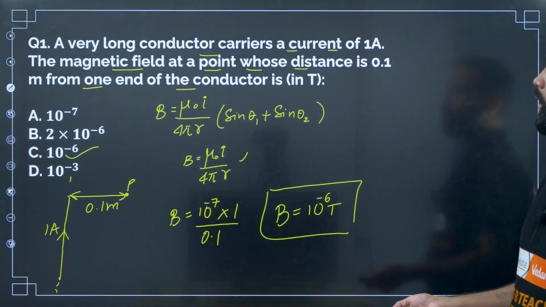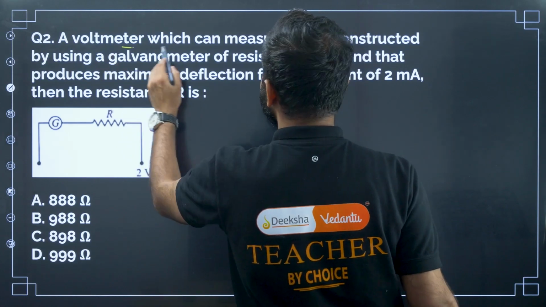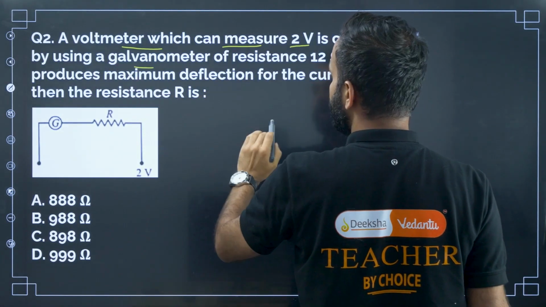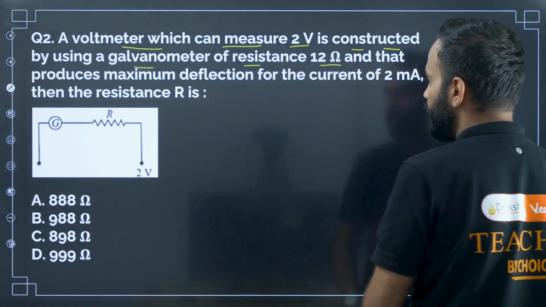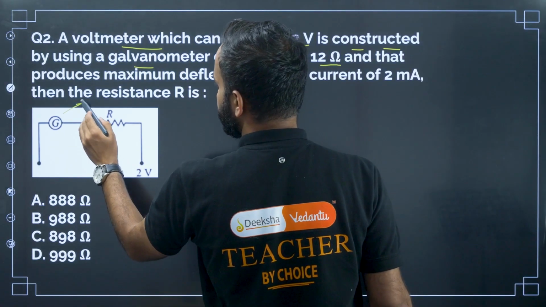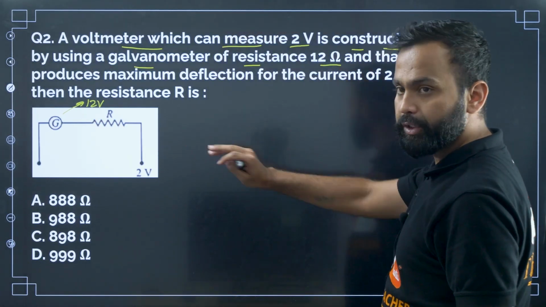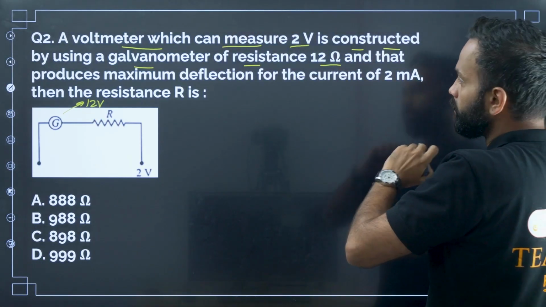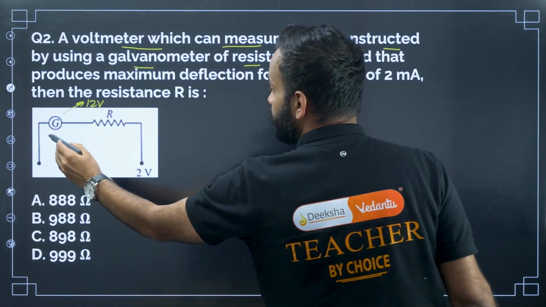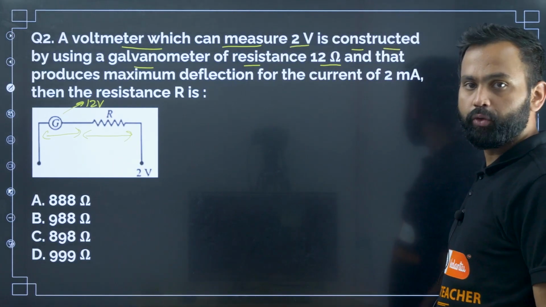Question number 2. A voltmeter which can measure 2 volt is constructed by using a galvanometer of resistance 12 ohm. Here this is the voltmeter, and it measures 2 volt. That is, the voltage across the galvanometer plus the voltage across R is equal to 2 volt.